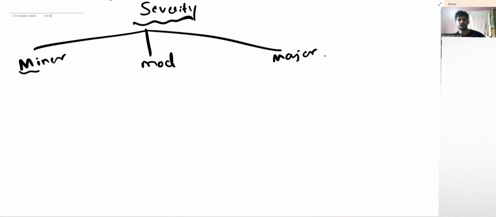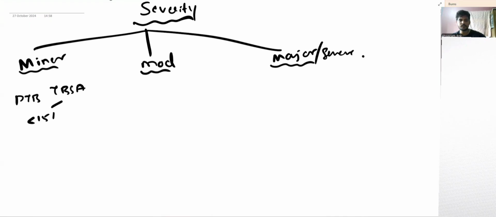Major burn is also called a severe burn. To call it a minor burn, if it is a partial thickness burn, the total body surface area involved should be less than 15% if it is an adult, and less than 10% if it is a child.